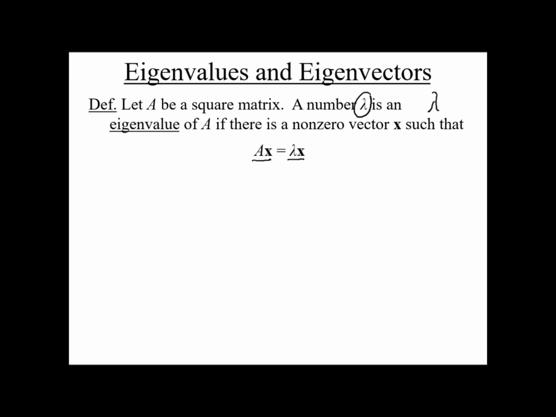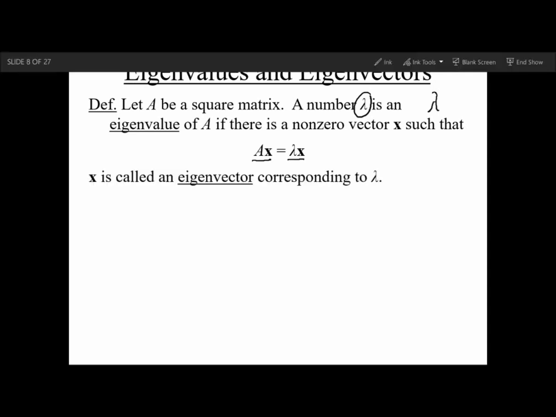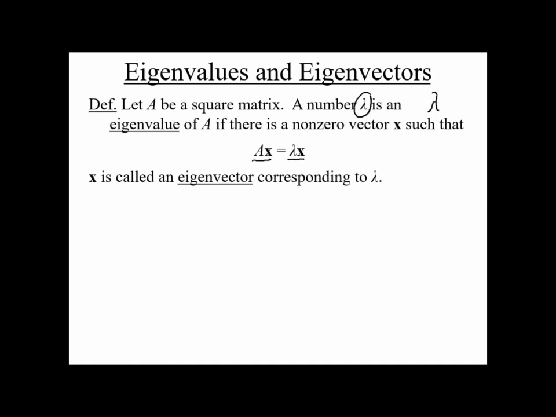So basically, the vector is almost more interesting, because multiplying the matrix by the vector is the same as just taking a scalar multiple of the vector itself. That vector we call an eigenvector. So lambda is an eigenvalue, x is an eigenvector, and it's the eigenvector corresponding to lambda. They correspond to each other.